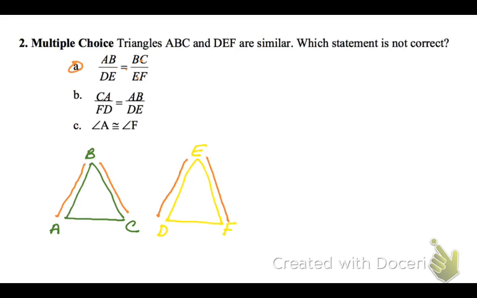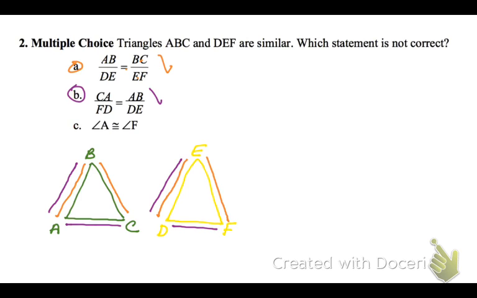Okay, so that one looks like it's probably okay. Okay, so let's look at B. So this says CA over FD. Okay, that looks good. They're both going in the same direction. It is equal to AB over DE. Okay, and again, that looks good.